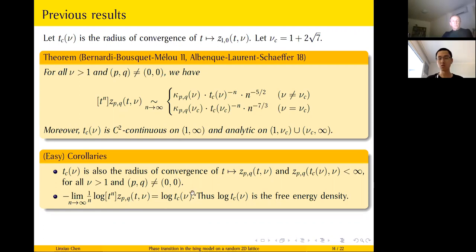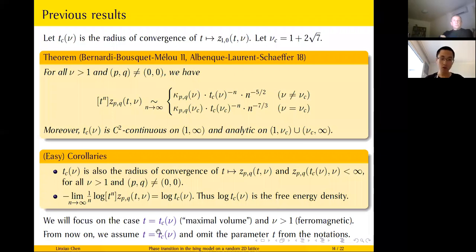So this gives you this function. And according to the previous theorem, this free energy density has precisely 1 point of non-analyticity, and this point is at nu c. So it's another way of saying that there is a phase transition at nu c.